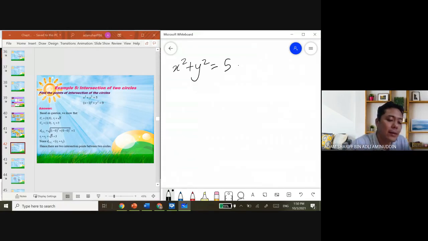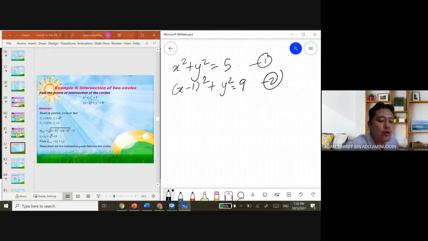Okay, there are two circles here. The first one, okay, the second circle. At this point, you should be able to tell me where is the center and also what is the radius, right? Kita dah boleh dah kat sini sebab dia dah ditukarkan kepada standard form.